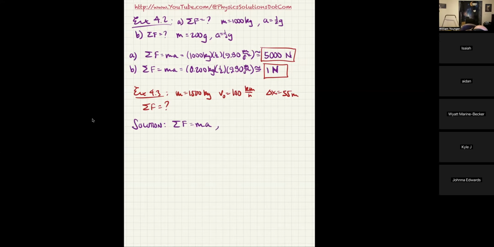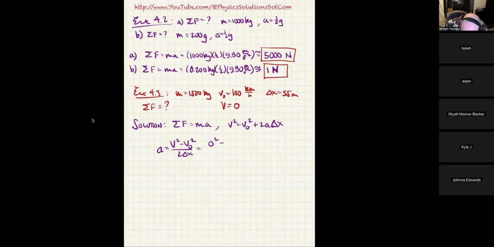And what I also know is that in this case, V final is equal to 0. And I can use V squared is equal to V0 squared plus 2A delta x to calculate my acceleration. So A is going to be V squared minus V0 squared over 2 delta x. That's going to be 0 squared minus... Now, 100 kilometers per hour, if you divide that by 3.6, you're going to get 27.8.